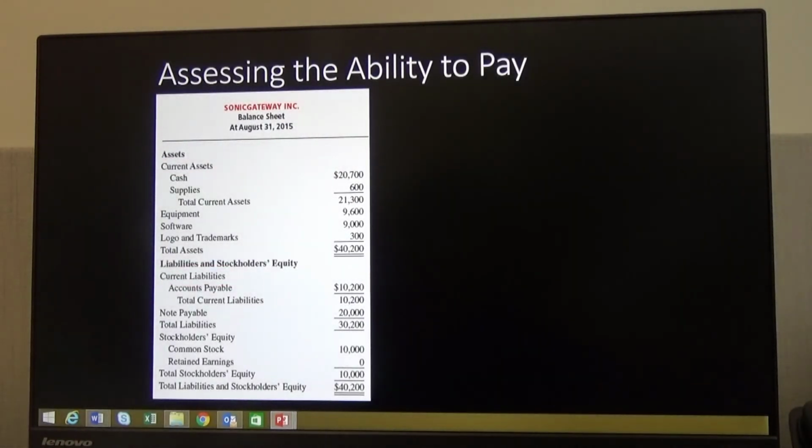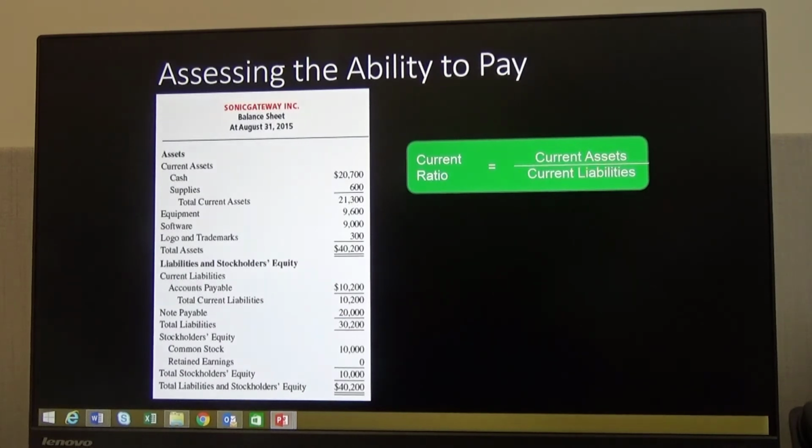Now, one of the reasons why it's useful to separate the assets and the liabilities into current and non-current categories is in order for us to determine how likely it is that the company is going to have the money it needs to pay its bills as they come due. That's what we call liquidity. And so we put the accounts in liquidity order so that then it's easy to assess liquidity by looking at certain things.